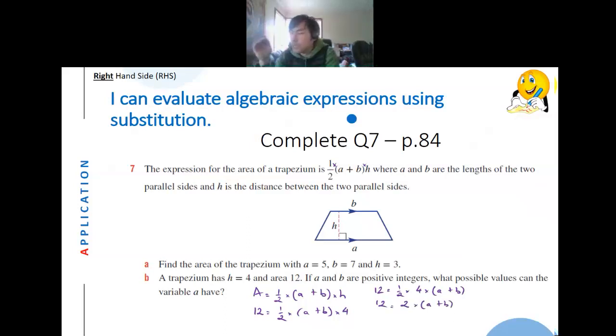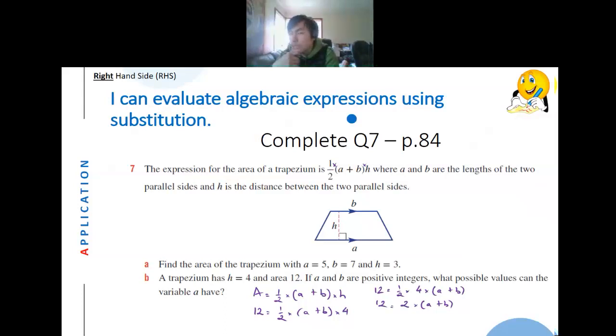So right away, what that tells me is that because I want an answer of 12, I'm looking for a number that when you multiply by 2, you get 12. And you probably can work out what that number is. 2 times 6 would be 12.